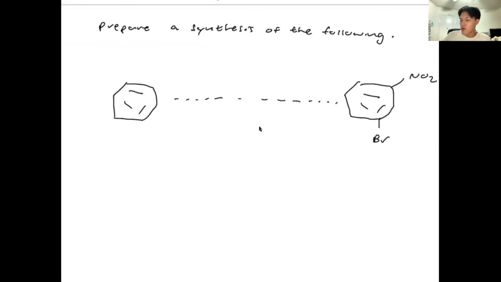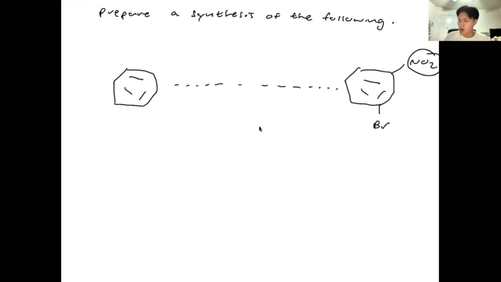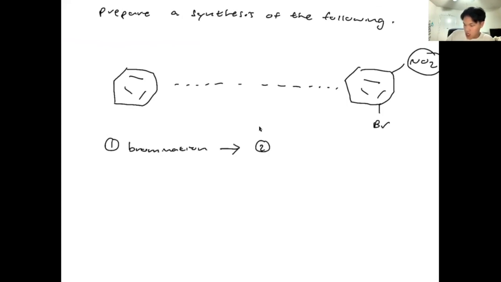So let's say we want this product. We want the bromine and we want the nitro group that's meta to the bromine. So let's see, we do a bromination first, followed by a nitration.